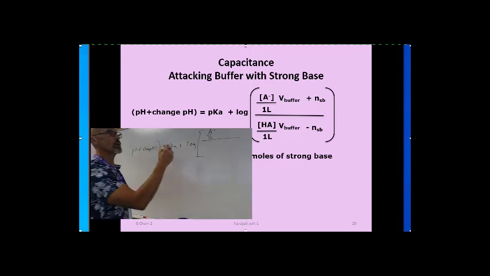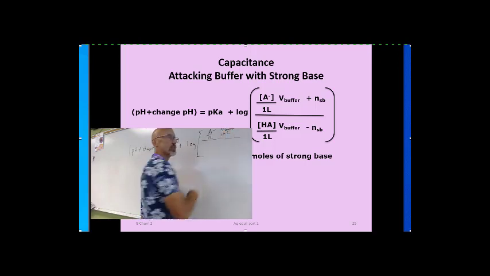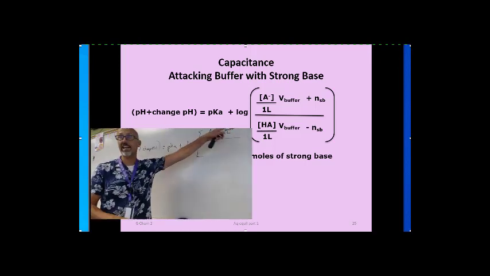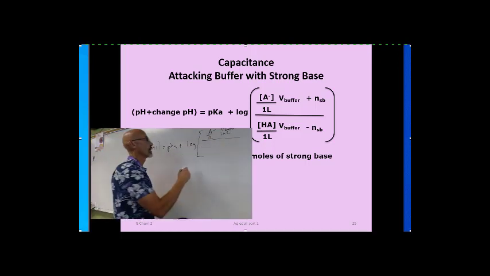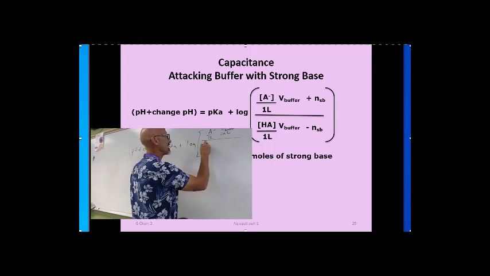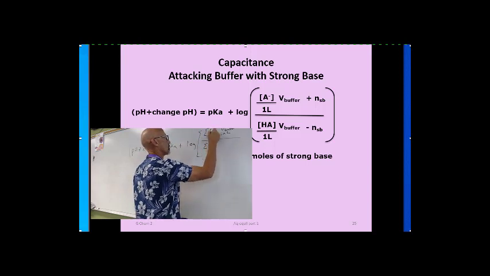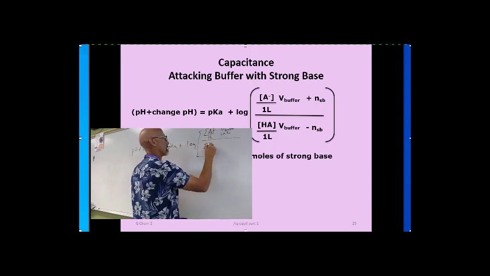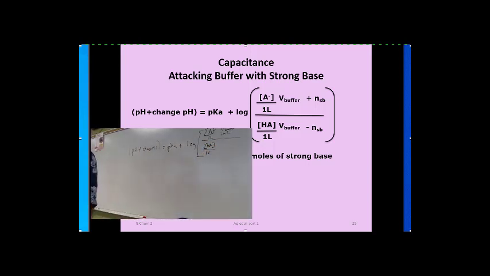And so therefore, when you put the volume of the buffer, put it in liters. That way these will just cancel. And then the HA, which is on the bottom, that's assumed to be over 1 liter, right? If it's 4 molar, it's 4 moles per liter, right?